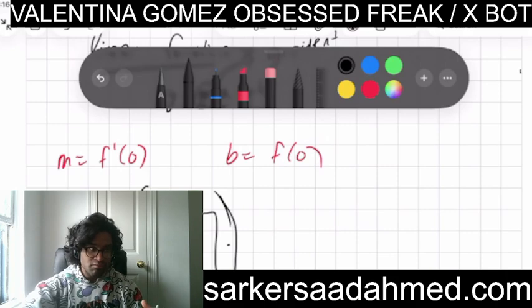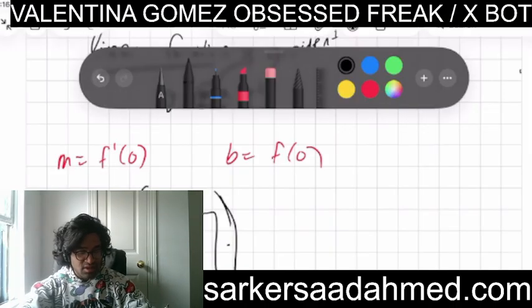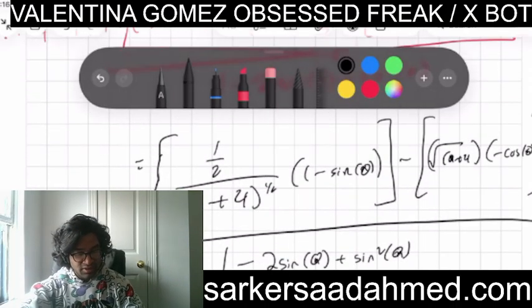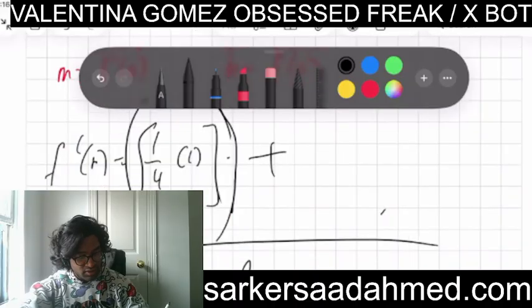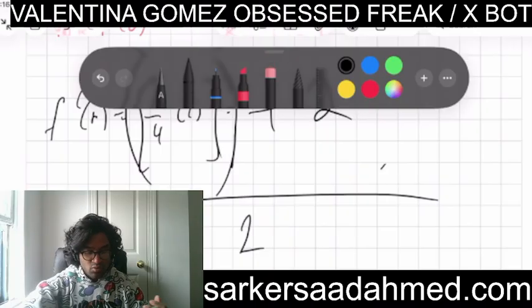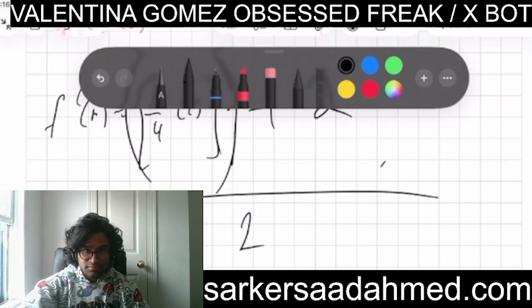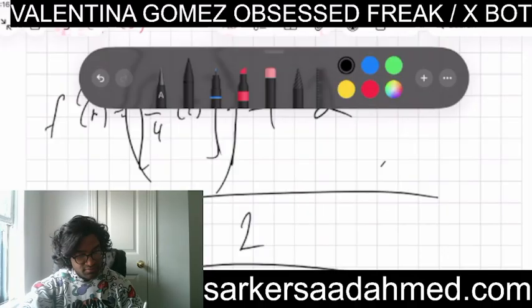So minus times 1 is minus 1, but we have a minus in the middle, so it's going to be plus 1, so 2. So 1 by 4 plus 2, 2 is simply 8 by 4, so 9 by 4. So you got your f prime of 0.